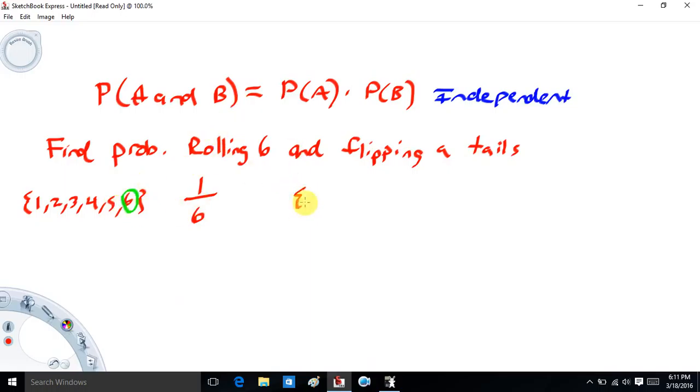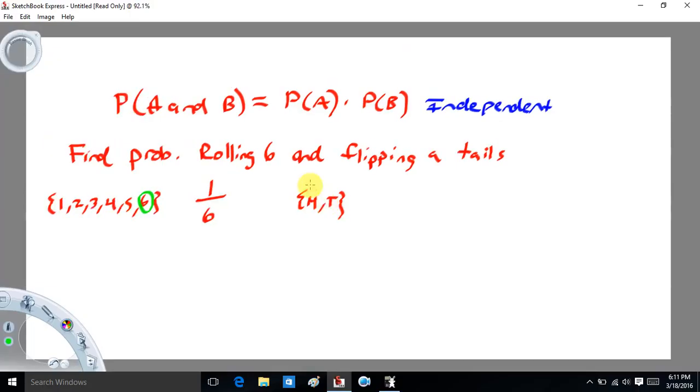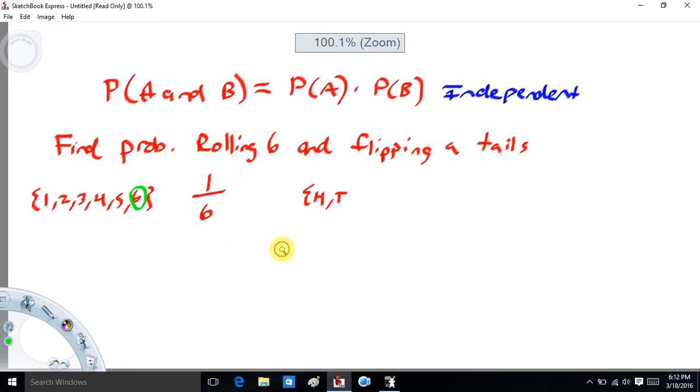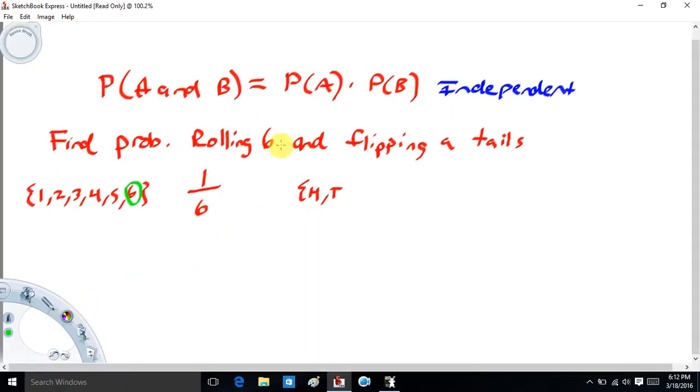Flipping a coin, we know the sample space is heads or tails, right? If we wanted tails, it's going to be one out of 2.